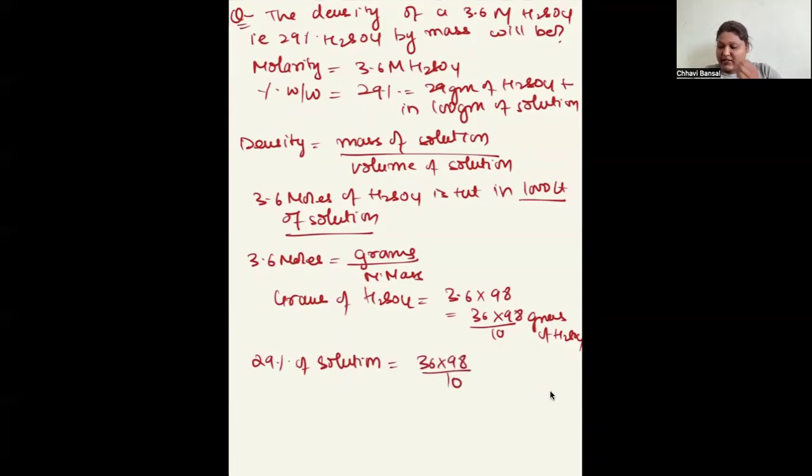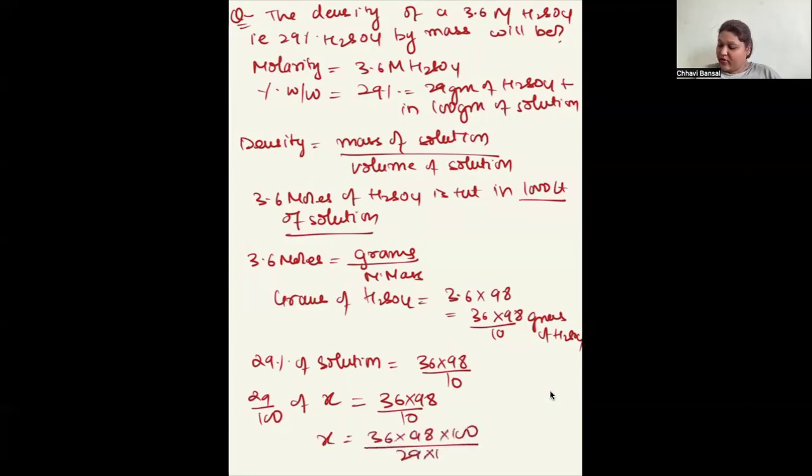So 29 by 100 of X, the mass of the solution, should be equal to 36 into 98 by 10. So X is equal to 36 into 98 into 100 divided by 29 into 10. This will give us the mass of solution.